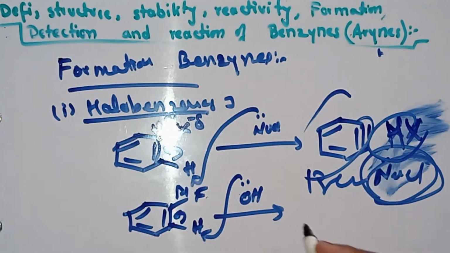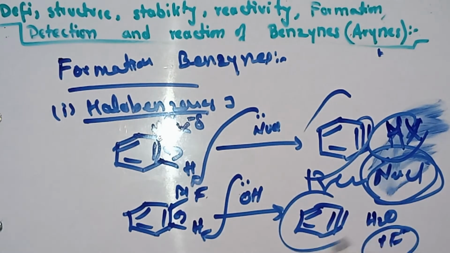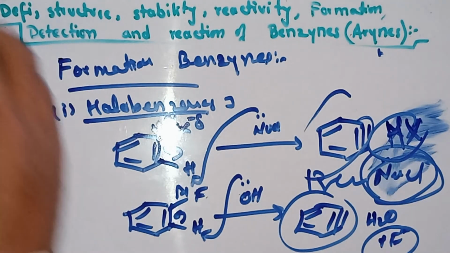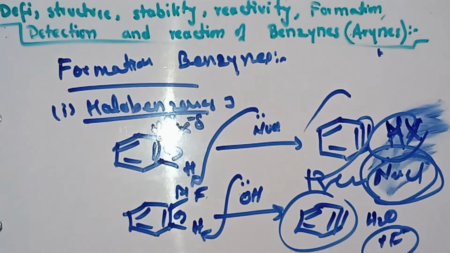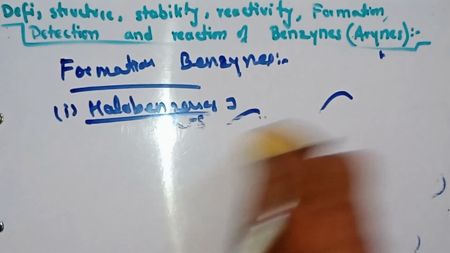It will form benzyne plus H2O plus fluoride negative. It will make benzyne. Is it clear? Also, from ortho-dihalobenzene, it also forms benzyne.